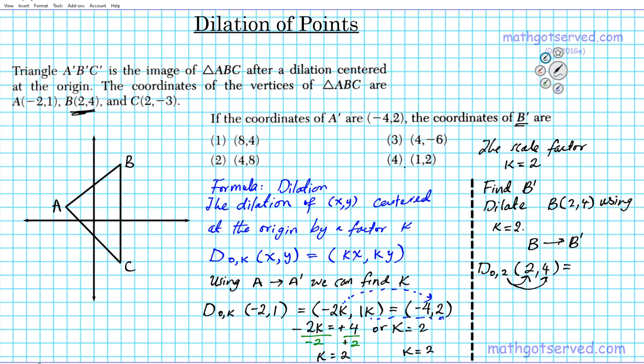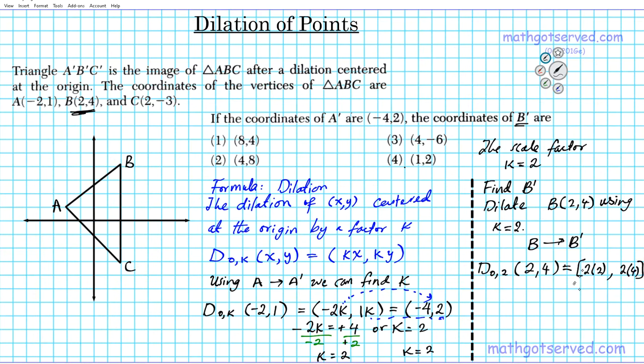So you're going to have 2, the scale factor, times the x coordinate of B, which is 2, comma, 2 times the y coordinate of point B, which is 4. So 2 times 4, like that.